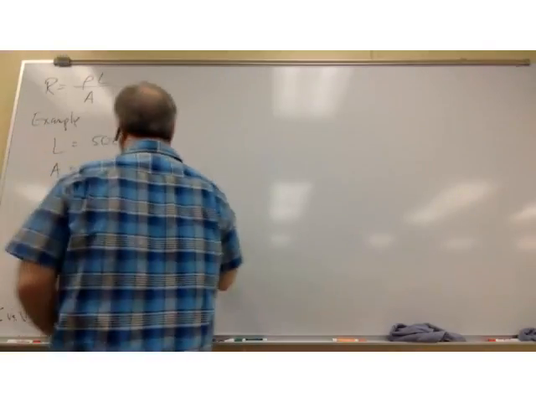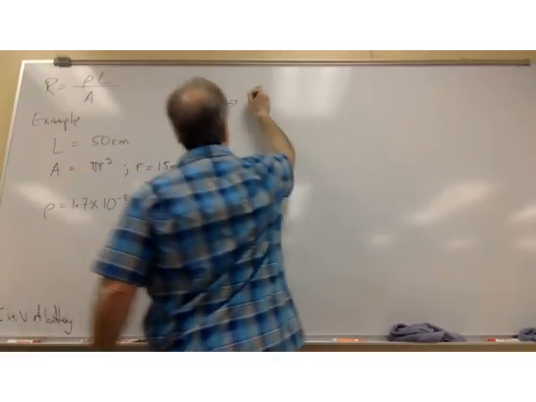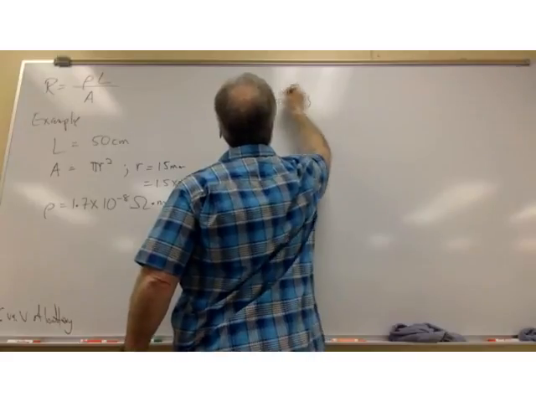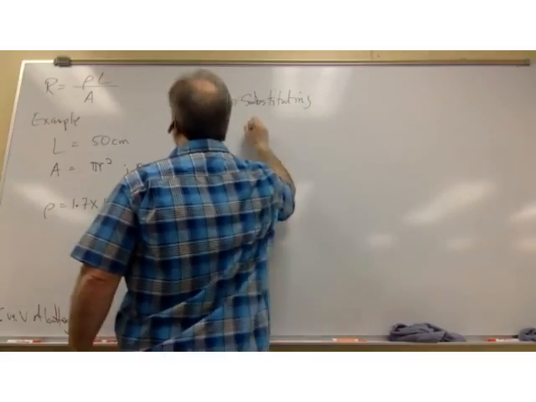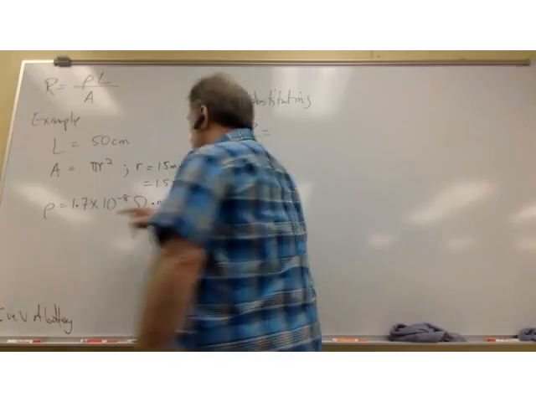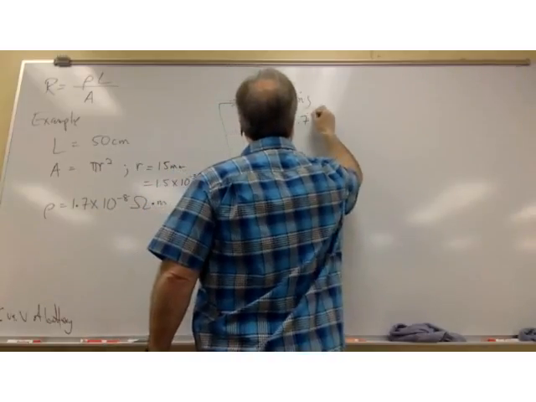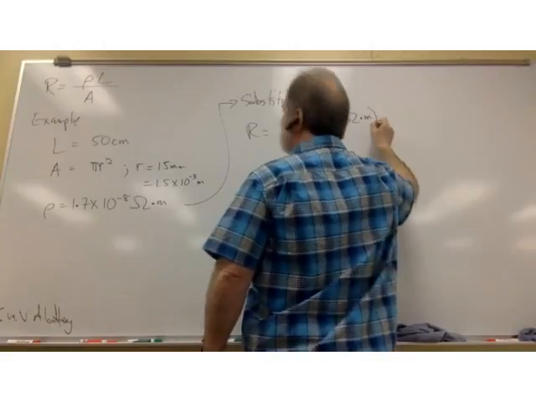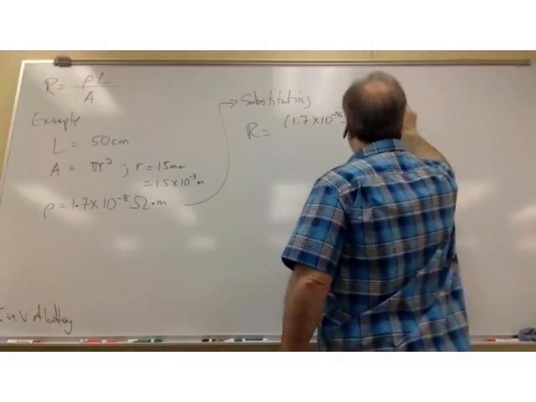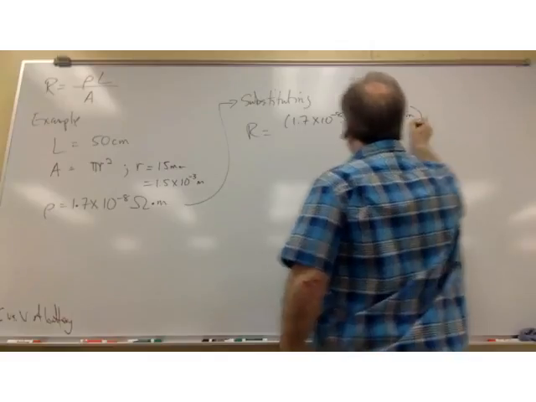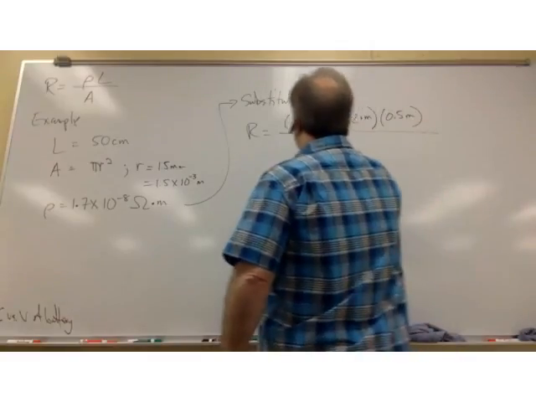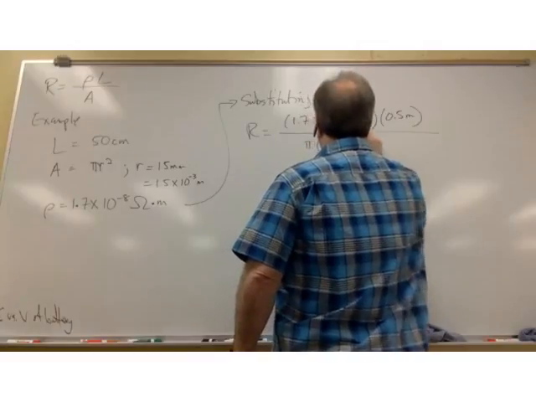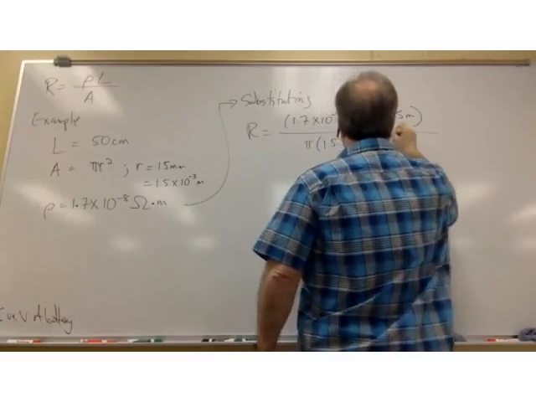Substituting all this, we get that the resistance is 1.7 times 10 to the minus 8th ohm meters, the length is 0.5 meters, and the area is pi times 1.5 times 10 to the minus 3 meters quantity squared.